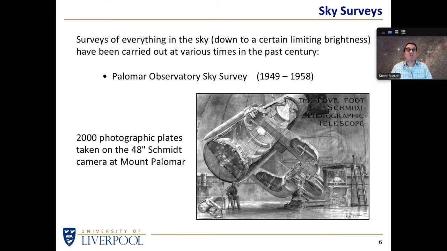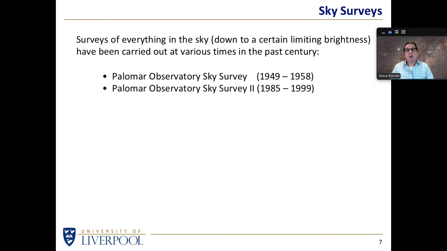Some 2,000 photographic plates were taken, covering the whole sky in about 10 years. That was repeated some decades later by the second Palomar Sky Survey, and here they used improved emulsions, red sensitive and blue sensitive plates that were a little more sensitive than the ones in the 40s and 50s to give better coverage of the sky and to go a little deeper, to fainter objects.